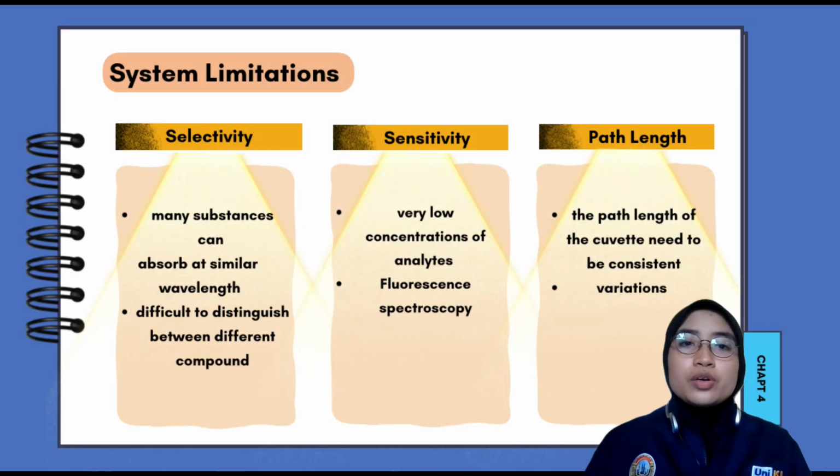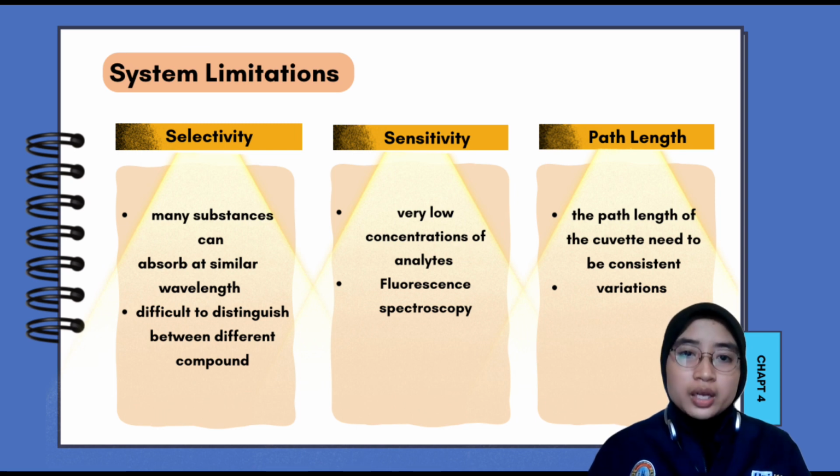Okay, now we go into the limitations of UV spectroscopy. First is selectivity. UV-visible spectroscopy often lacks specificity because many substances can absorb at similar wavelengths. Second, the sensitivity. UV spectroscopy may not be sensitive enough for detecting very low concentrations of analytes. The detection limits are higher compared to more sensitive techniques like fluorescence spectroscopy.